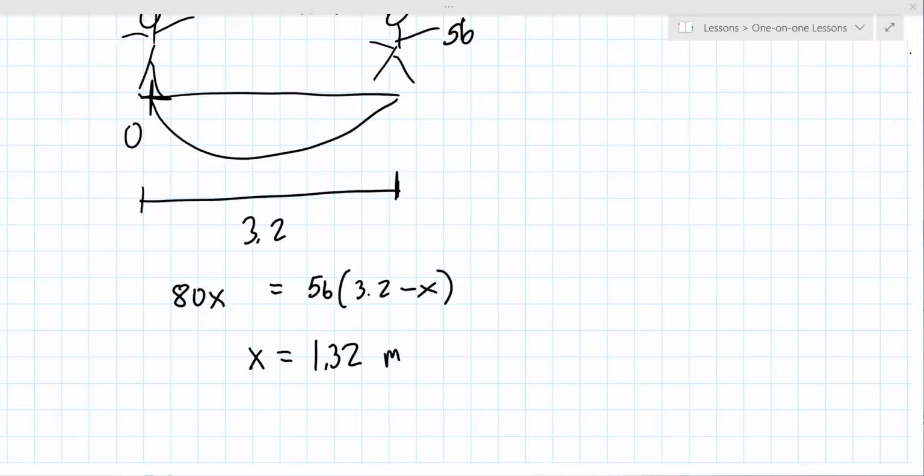they say let y be the center of gravity. Why did they choose that number? It doesn't make any sense.